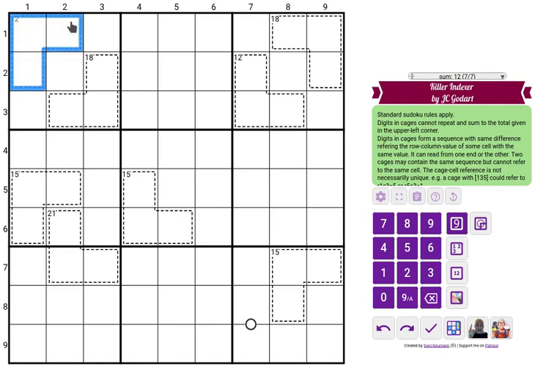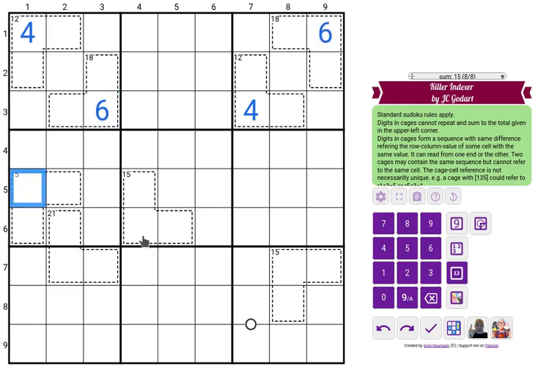So for the cage of 12, this is a 4 and 4. All cages are multiples of 3, of course, so 18 is 3 times 6, 15 is 3 times 5, and 21 is 3 times 7.